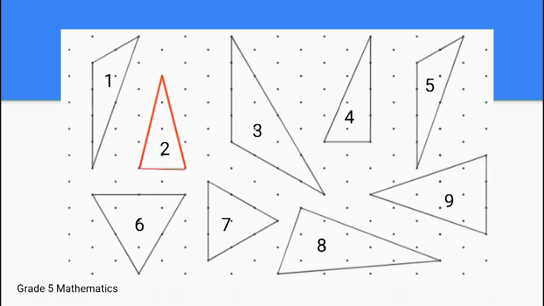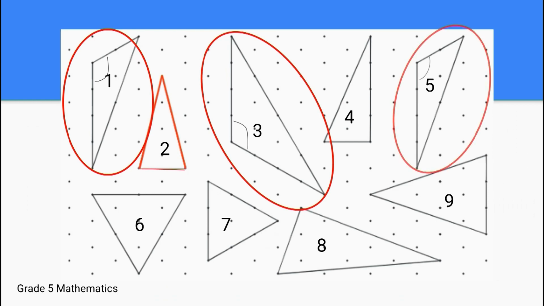Did you say triangles 1, 3, and 5 are all obtuse triangles? Because they have exactly one obtuse angle. Now you try. Take a minute and draw an obtuse triangle on your paper.